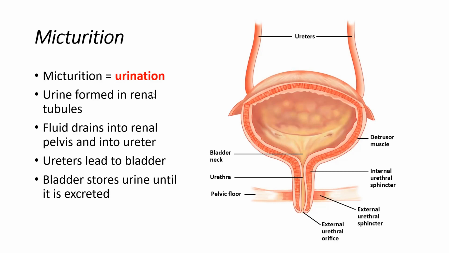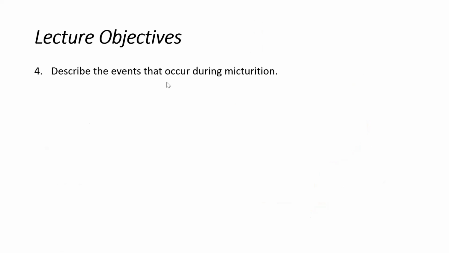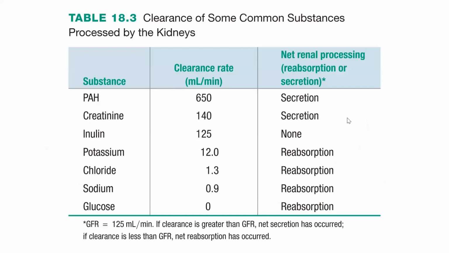Okay, so I am getting a question here about going over GFR and clearance relation. Okay, excellent. Just to touch on that one more time, that's a really good point because that's the main thing that I want you to take away from clearance and from this table. If we see a clearance rate of a substance or particle, like our ions and some of these other substances here, that is higher than our GFR, that tells us that net secretion took place, okay?